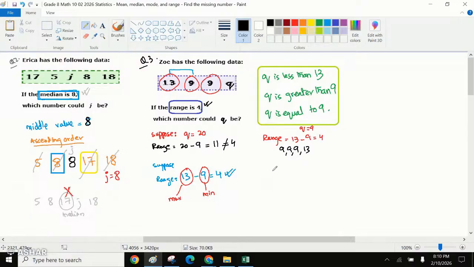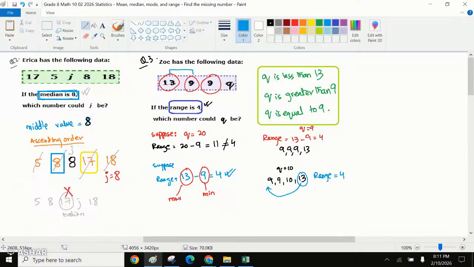But if we change the numbers, if Q was 10, then the numbers become 9, 9, 10, and 13, right? Still, we can say that the range is 4.